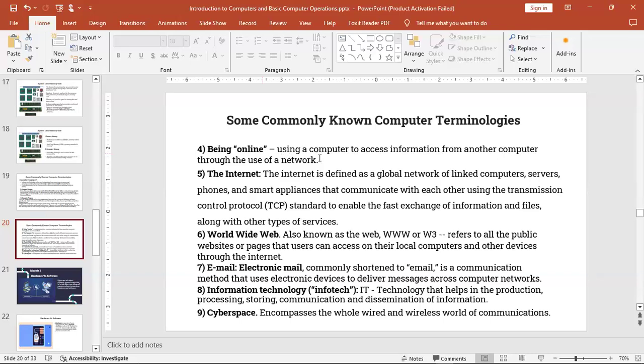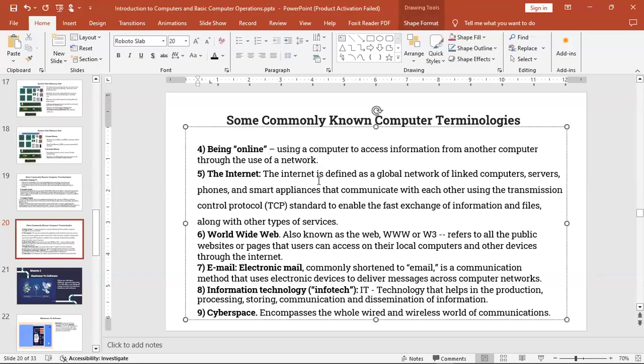Let's talk about the internet. The next terminology that we'll talk about is called the internet. The internet is defined as a global network of linked computers, servers, phones, smart appliances that communicate with each other using transmission control protocols, standard to enable the fast exchange of information and files along with other types of services.